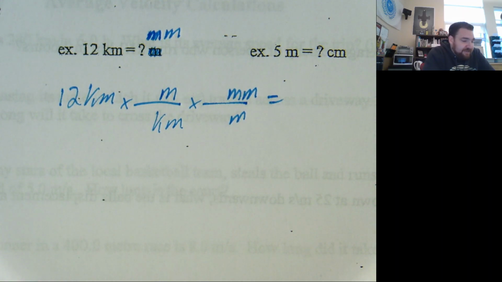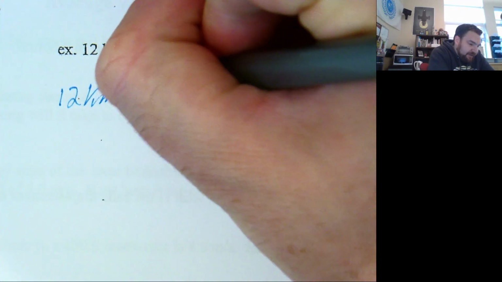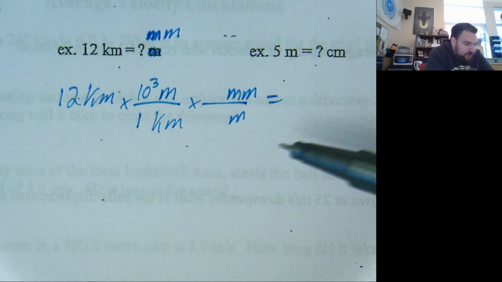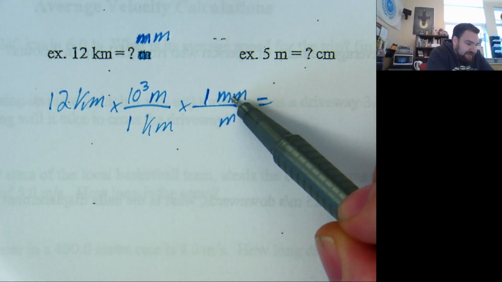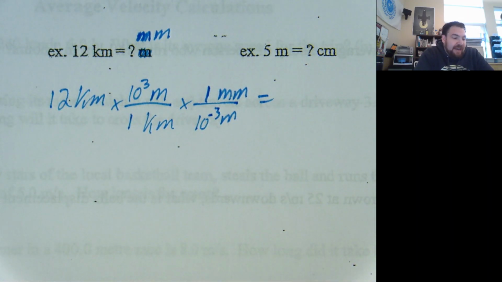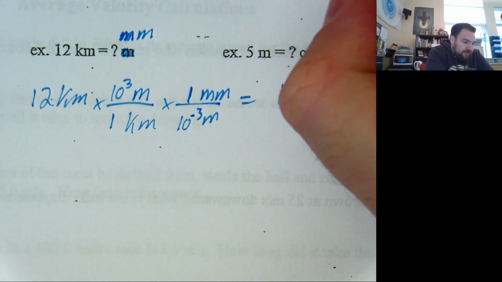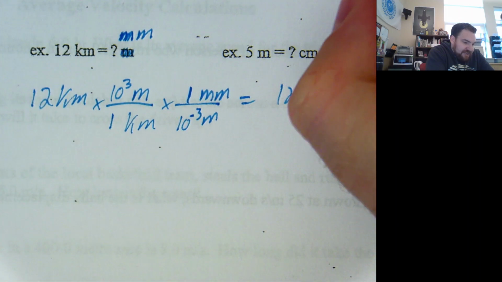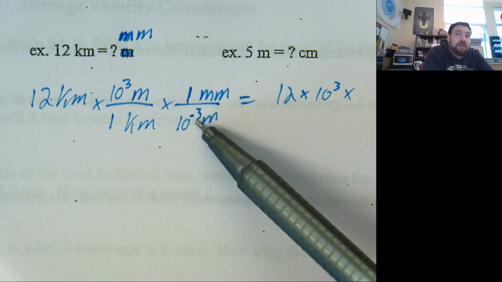I'll review the scientific notation one. So I'll say that 1 kilometer, kilo is 10 to the 3. And for this one, 1 milli, milli is 10 to the negative 3. And so that thing's going to look like that. We don't like negative exponents. So this is going to become 12 times 10 to the 3 times, and I'm going to make this a positive exponent.